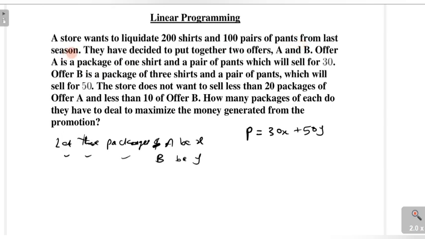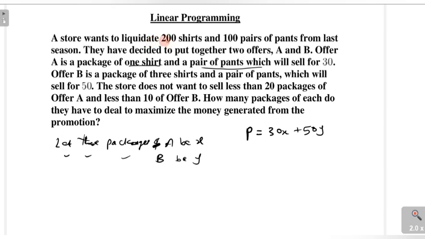Okay, so the next one is a store wants to liquidate 200 shirts and 100 pairs of pants from last season. And they have decided to put two offers together, A and B. Okay, so A is a package of one shirt and a pair of pants, which sells for 30 naira.